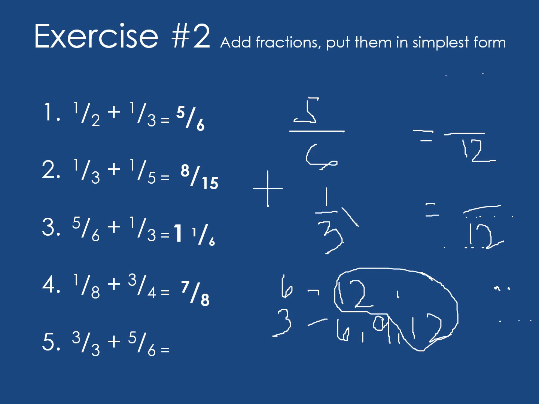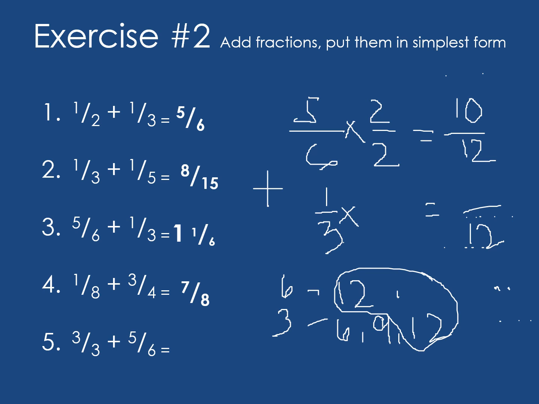Now, what number when you multiply will get the common denominator of 12? In the first fraction, 6 is the denominator, so you multiply it by 2. 6 times 2 is equal to 12. The same in the numerator: 5 times 2 is equal to 10.